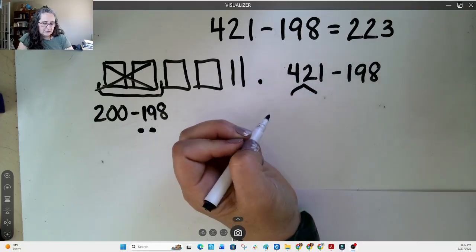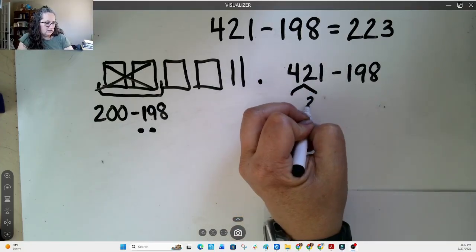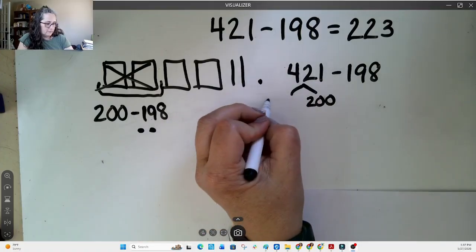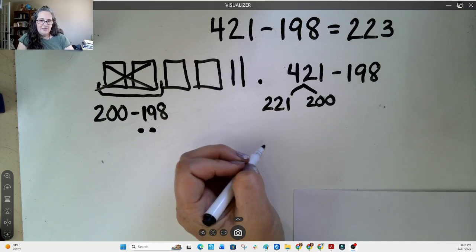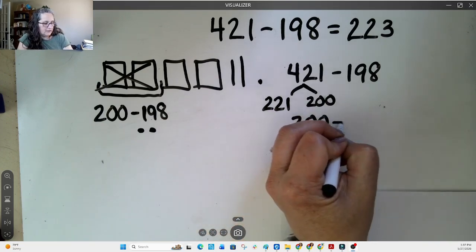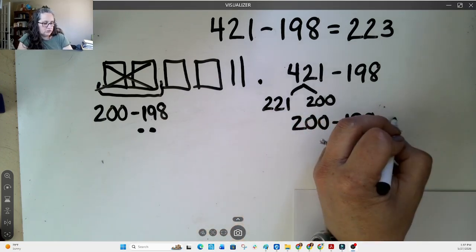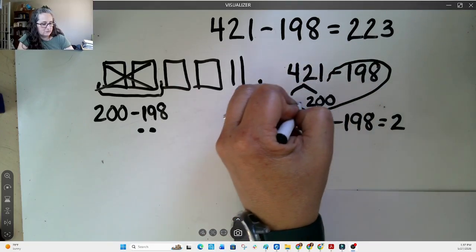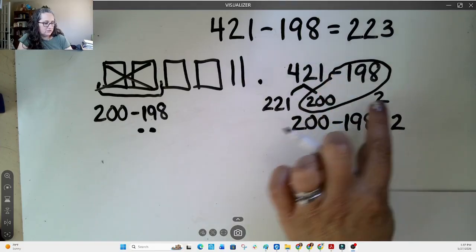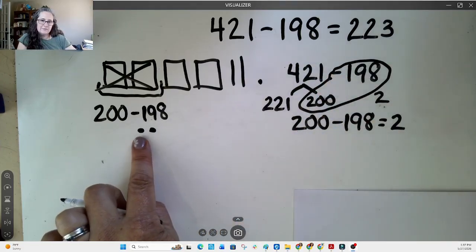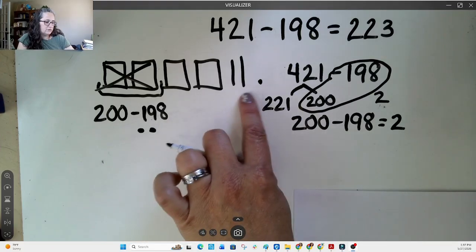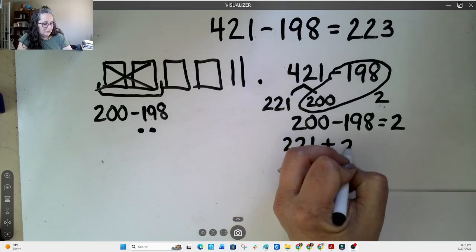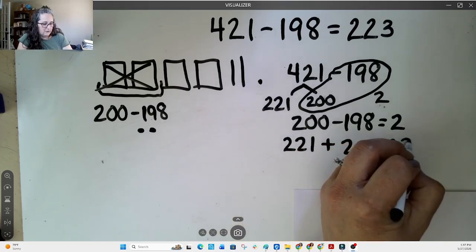So we're decomposing 421 into 200, and our other part was 221. Then we did 200 minus 198 equals 2, and we have to put that together. We could record that over here if we wanted to, just so we know we use that part, and then we have 2 and 221, or you can see over here we have 2 left and 221. So 221 plus 2 equals 223.